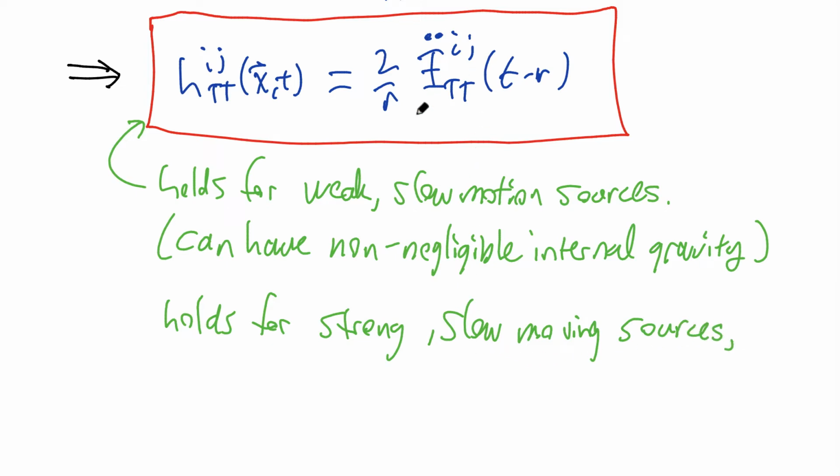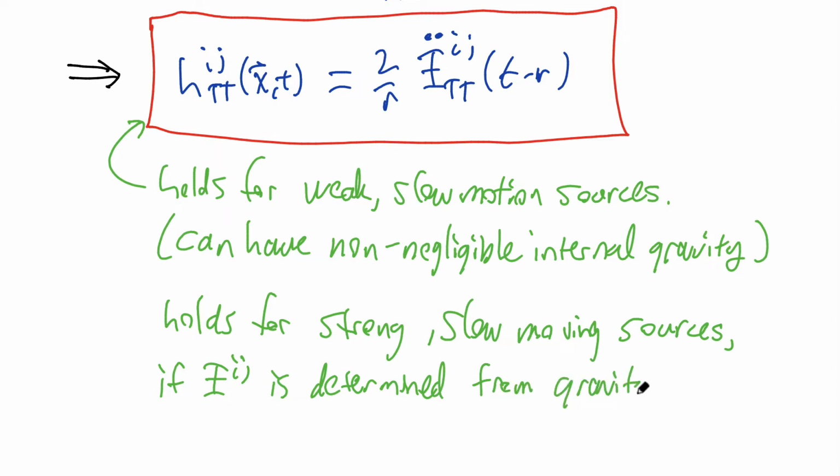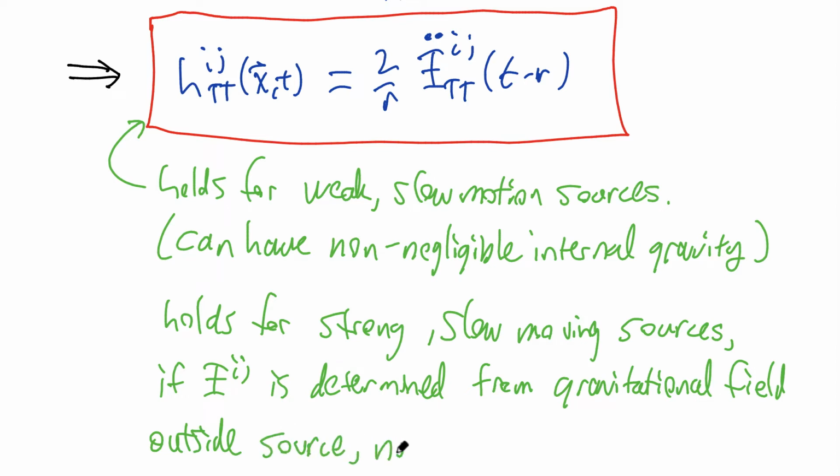But in this case, the reduced quadrupole moment can't be determined from an integral over the source. It has to be determined from the gravitational field in the weak field region outside the source, and not from an integral over the mass distribution of the source.